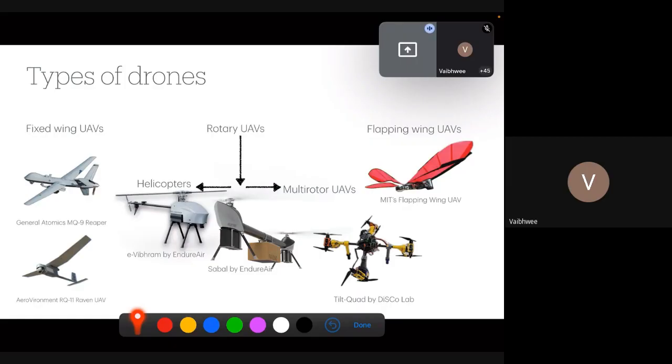Another form of fixed wing UAV is the example I have shown as the AeroVironment RQ-11 Raven UAV. This is a small fixed wing UAV which can be hand launched.